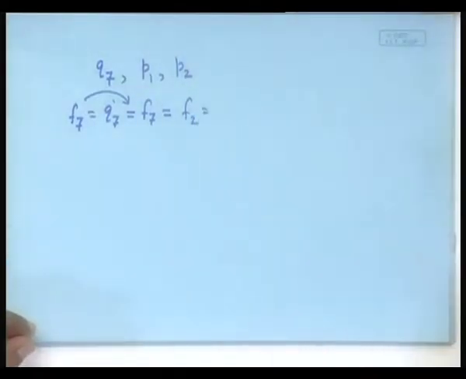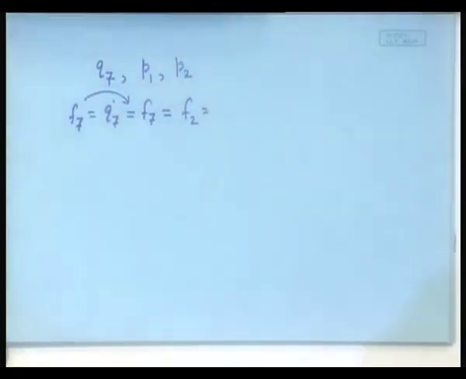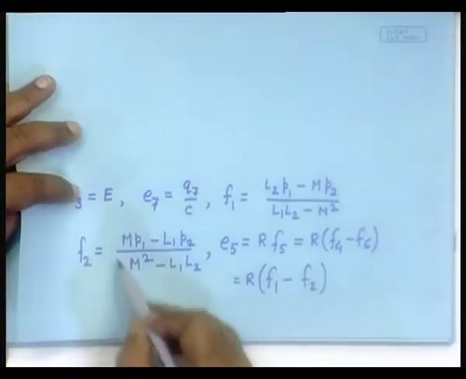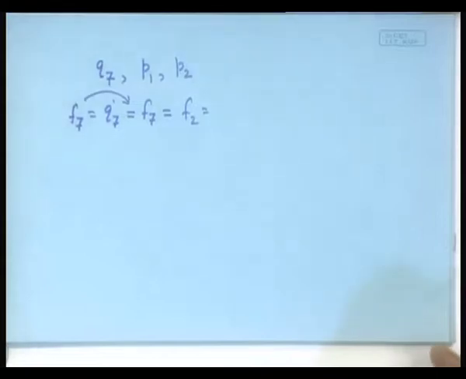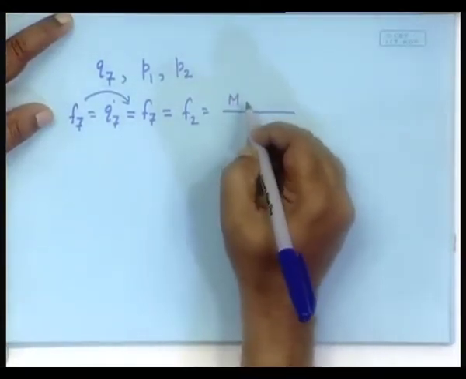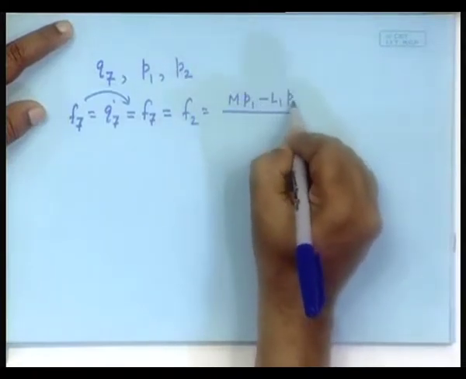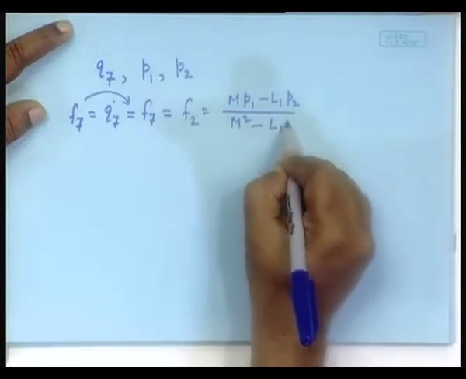You just substitute it from here. So, this is M P1 minus L1 P2 divided by M square minus L1 L2.